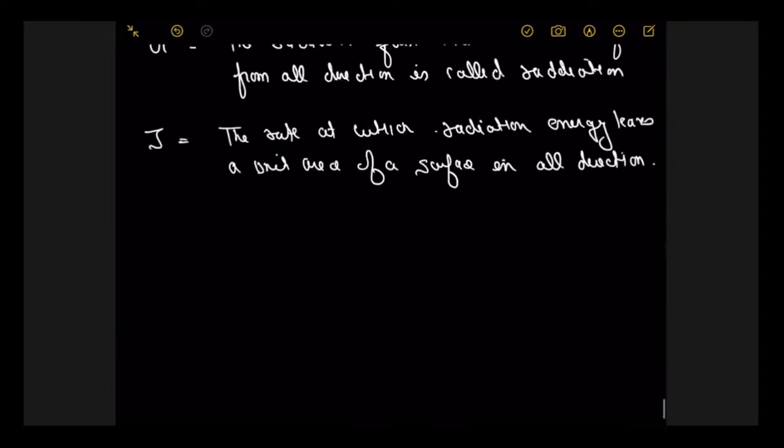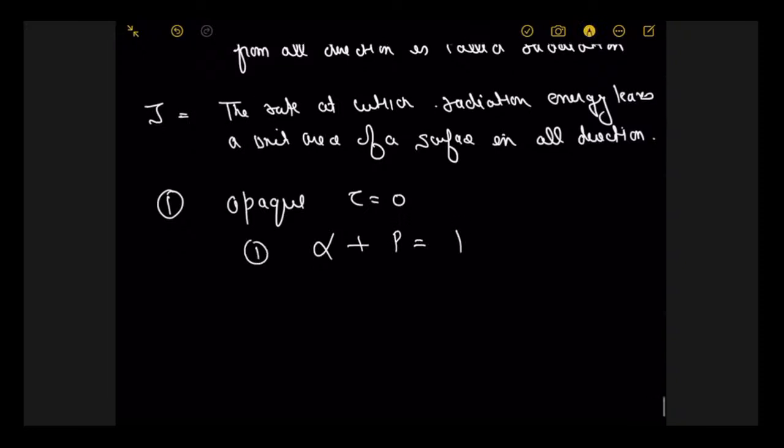Okay. So we are considering our object surface is opaque, meaning tau equals 0, then alpha plus reflectivity is equal to 1. Surface is diffusive.